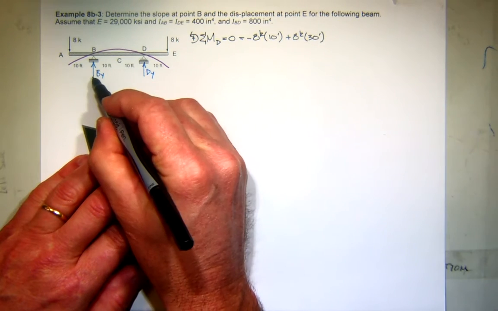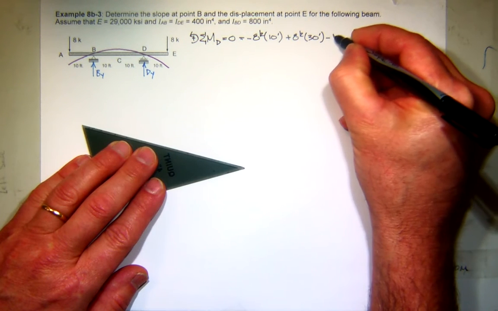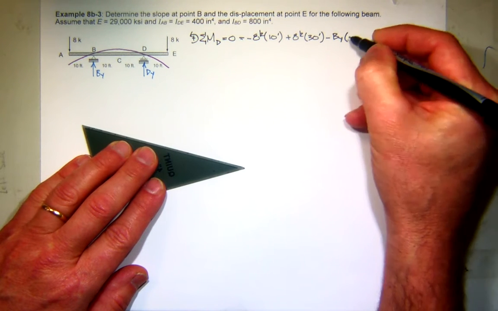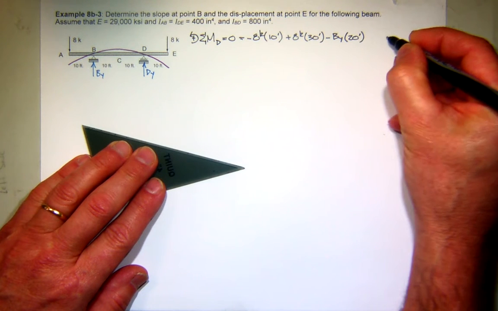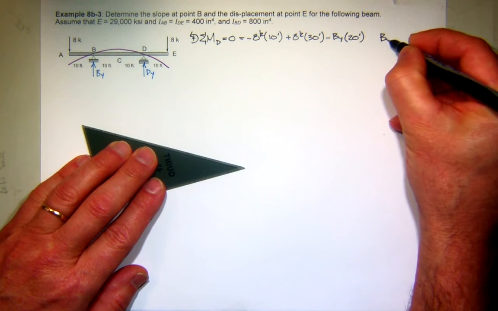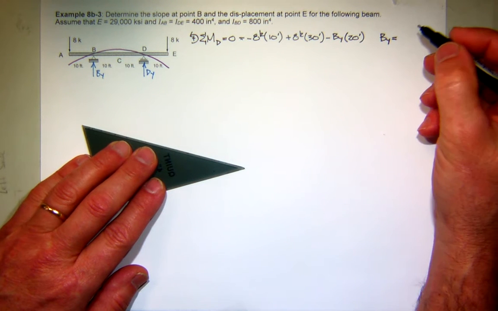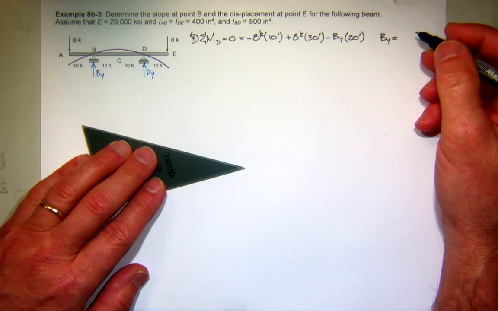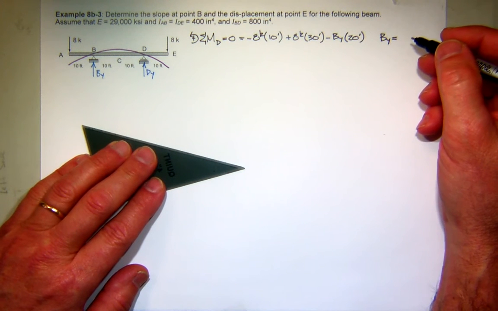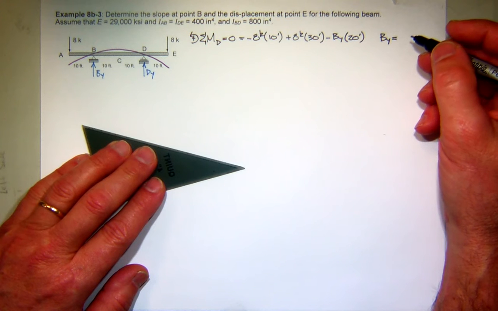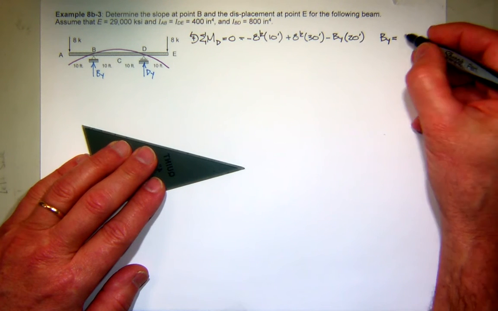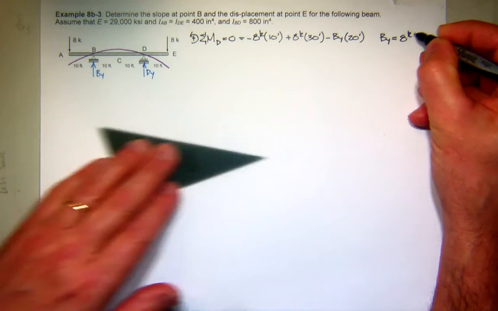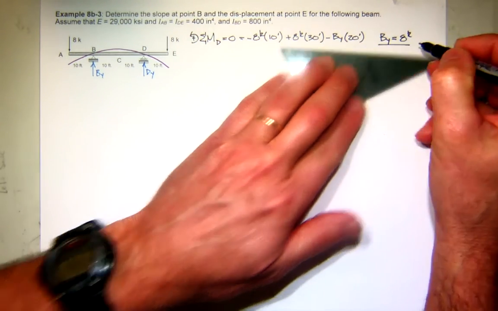And then I'll have By, which creates a negative moment, with a moment arm of 20 feet. When that's all said and done and you solve for By, you're going to find out that it's 8 kips. I'm hoping. Is that what it looks like to you? Yes. I say yes. Somebody check that for me.